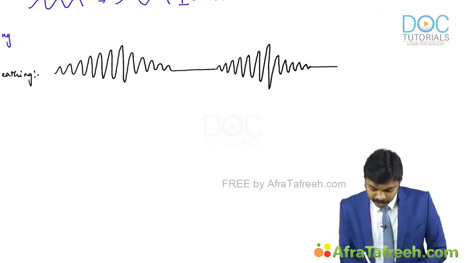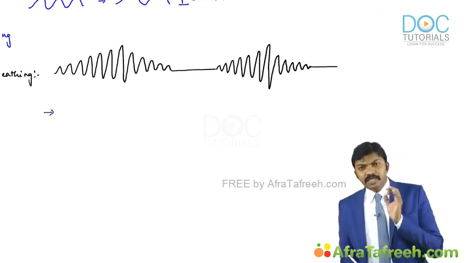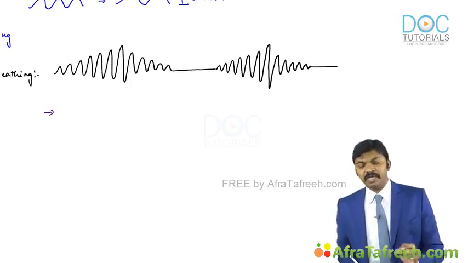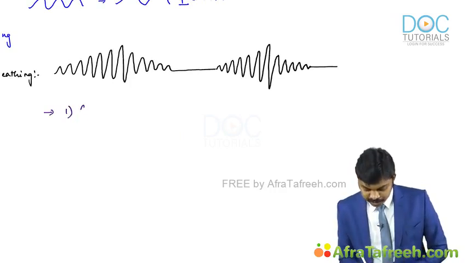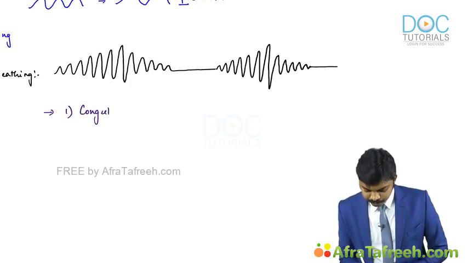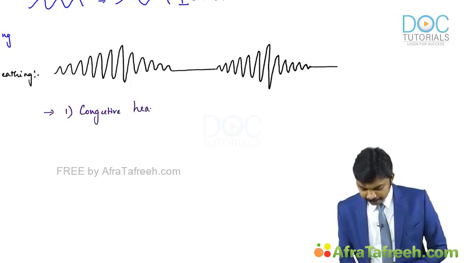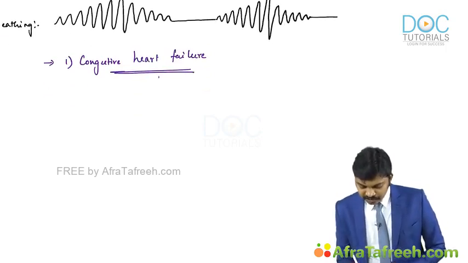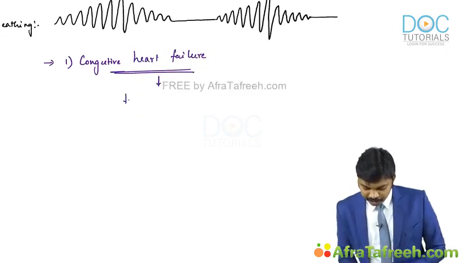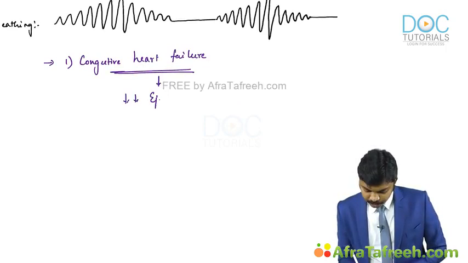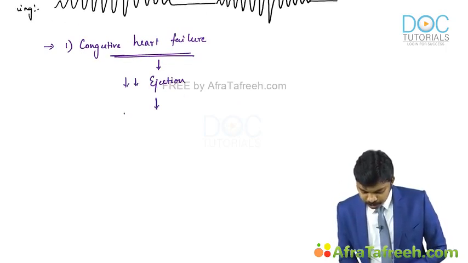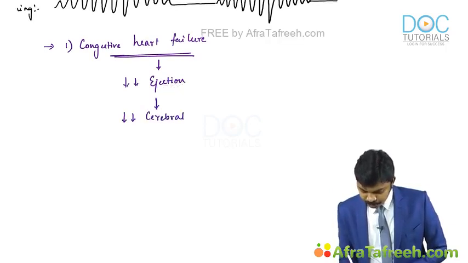Now where do you see Cheyne-Stokes breathing, doctors? The most important differential diagnosis for Cheyne-Stokes breathing is congestive heart failure. Because of heart failure, there is going to be a reduction in ejection. This reduced ejection leads to gradually less cerebral blood flow.